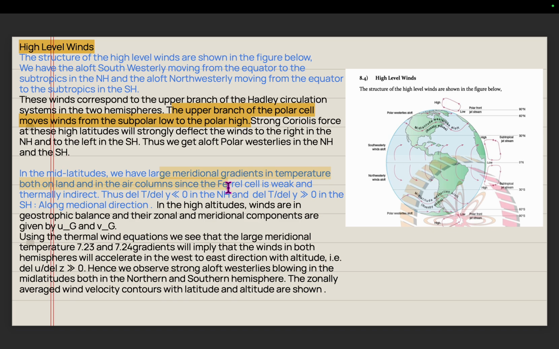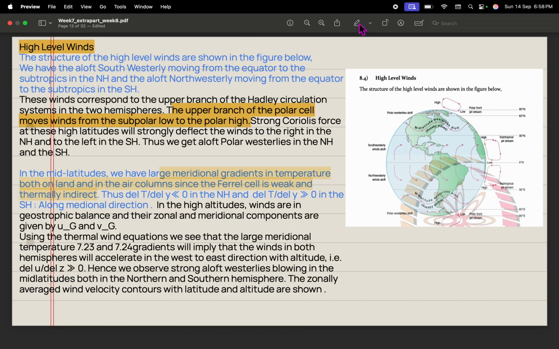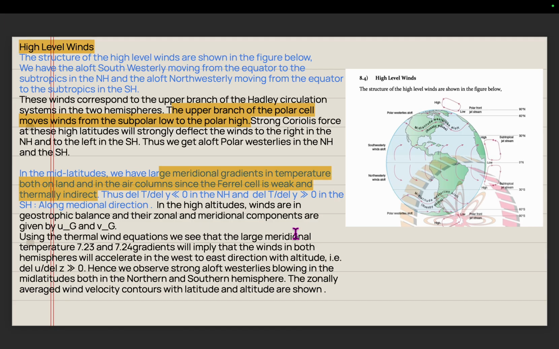Since the Ferrel cell is weaker, in the sense that it receives less solar radiation and is thermally indirect, thus del T by del y is very much less than 0 in the northern hemisphere, and del T by del y in the southern hemisphere is greater than 0.